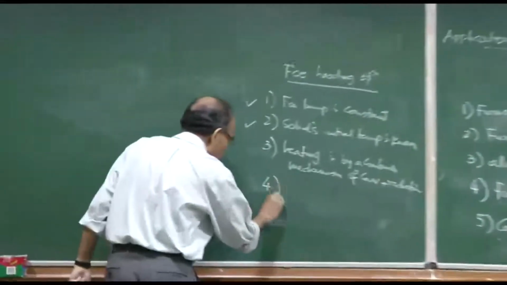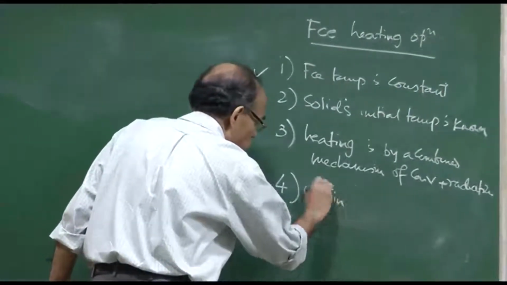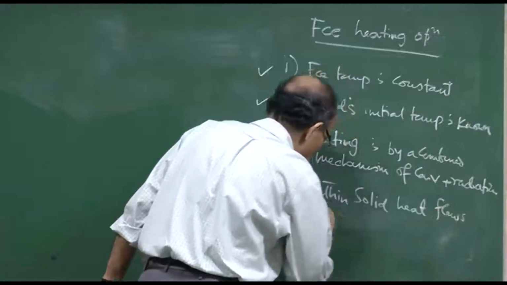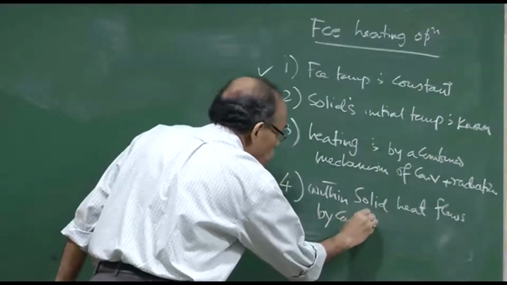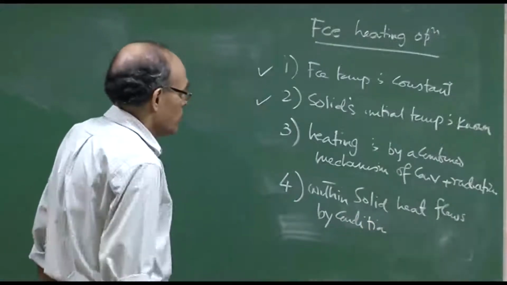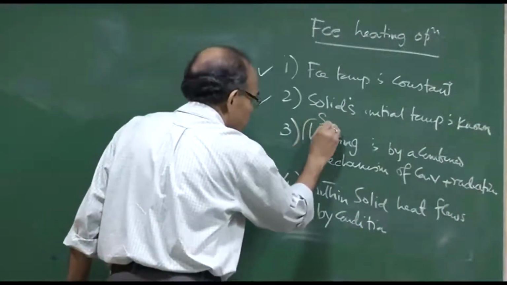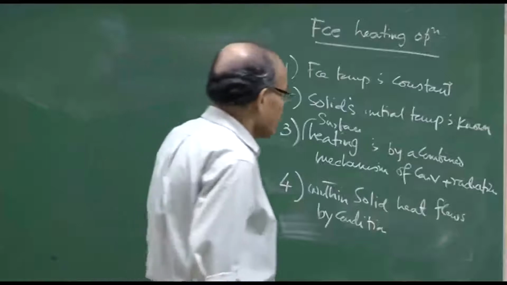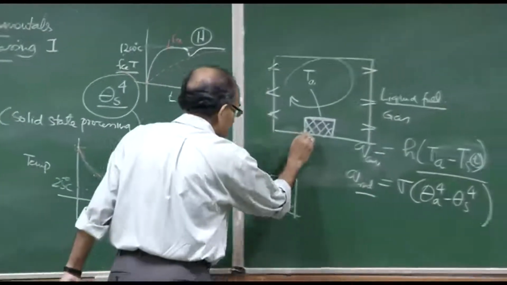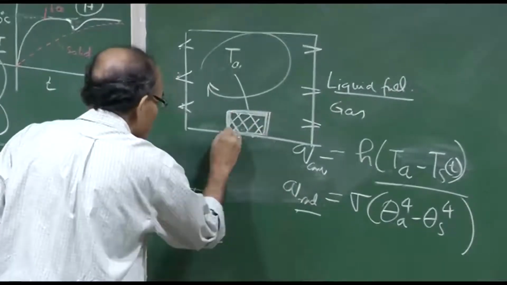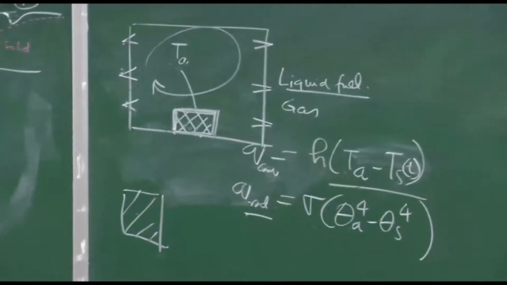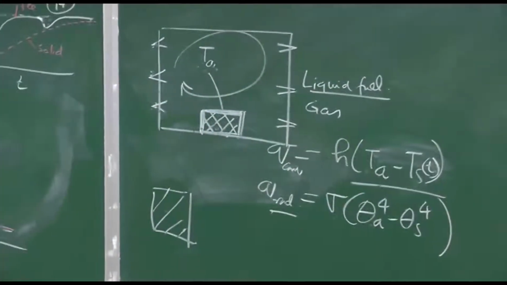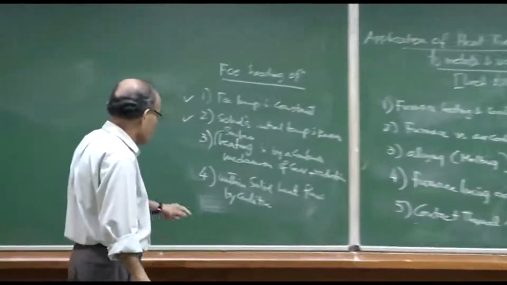So, within the solid, heat flows by conduction. This is surface heating, the energy exchange between the two objects at the surface. That will determine, as I formulate the process, the boundary conditions to the problem, because this represents the line of demarcation where we isolate the surroundings from the system itself.